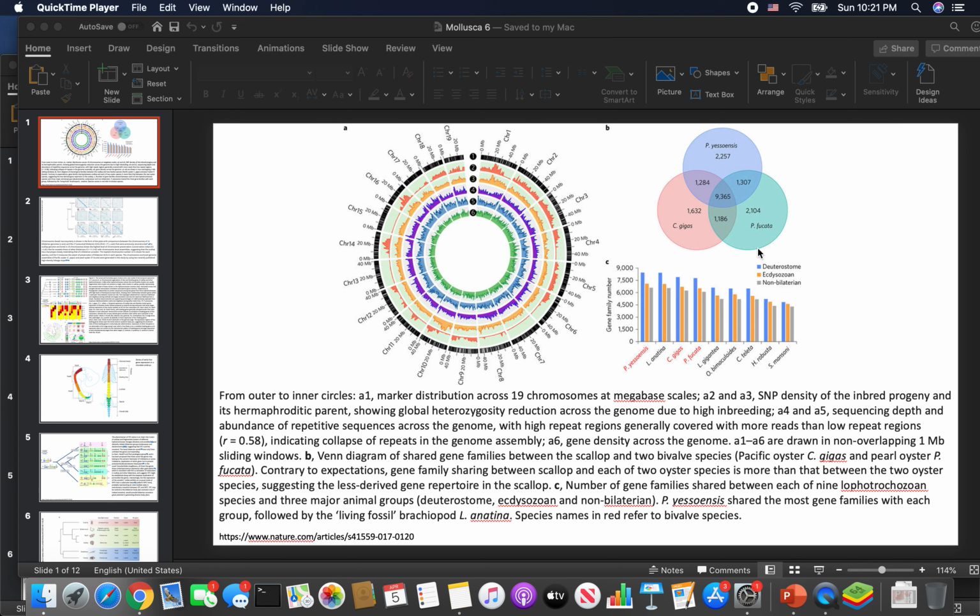So even though we classify all these things as being in the same group, these are all bivalves, all in the same group, which is the oyster-like bivalves, they're still pretty different compared to each other. Far more different than comparing you to a chimpanzee or even you to a mouse, I would say.